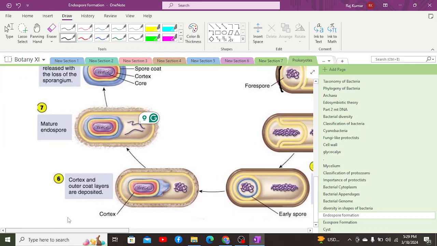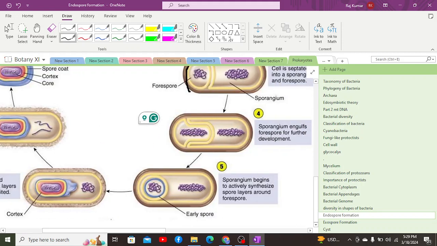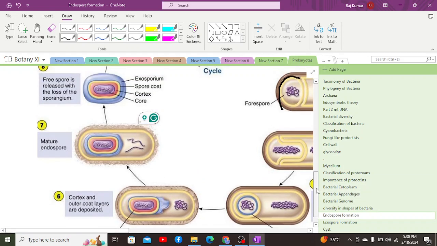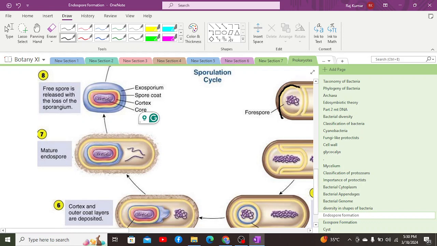The fifth step is the development of the layers, and the sixth step is the deposition of the cortex and outer coat, the resistant thick protective layers around the spore, which forms an immature endospore.